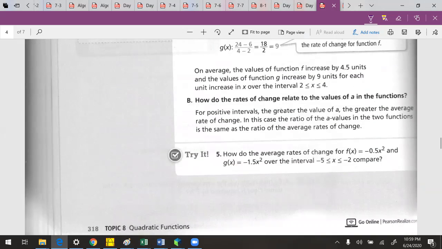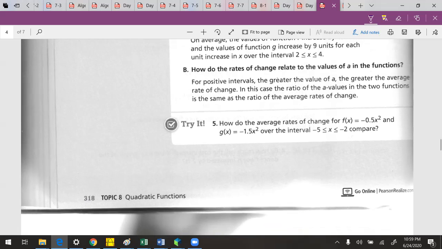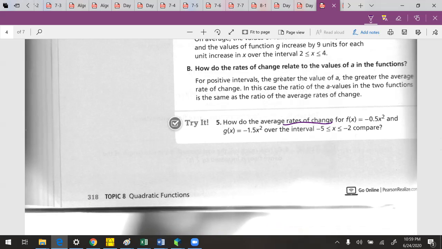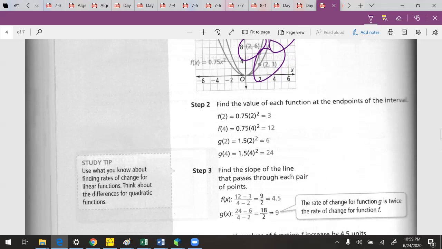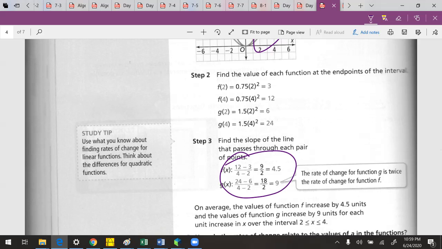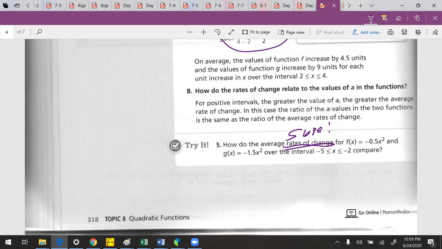That's basically it, so I'm not going to go over this per se. Remember, rate of change means slope. Once you find your 2 points, you then find the slope. If you're not given the graph for it, plug in points, and then find the slope.